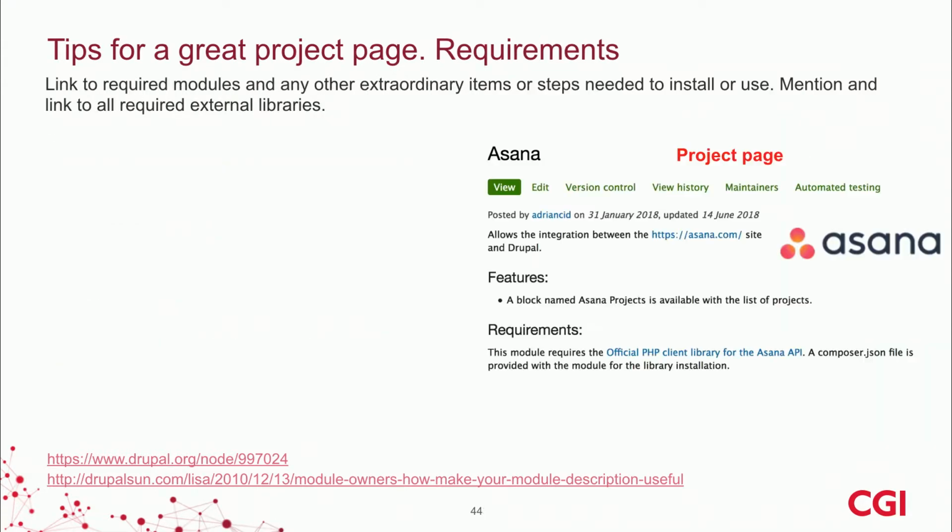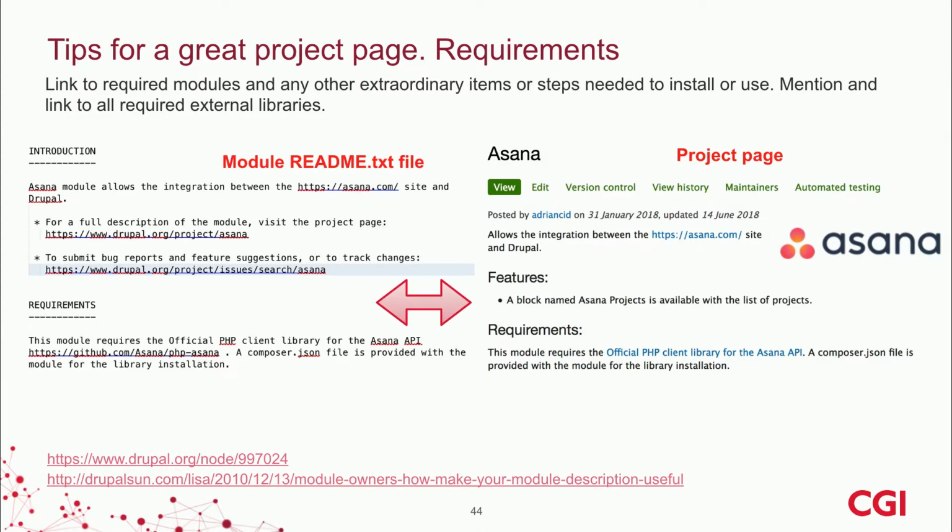For the requirements, some modules need special requirements to work, like this module, Asana, which needs a library. But if you have created your README file, you have the information. Just take the information from the file and put it in the project page.